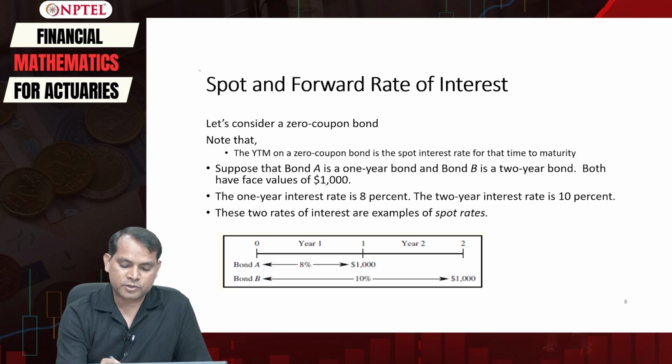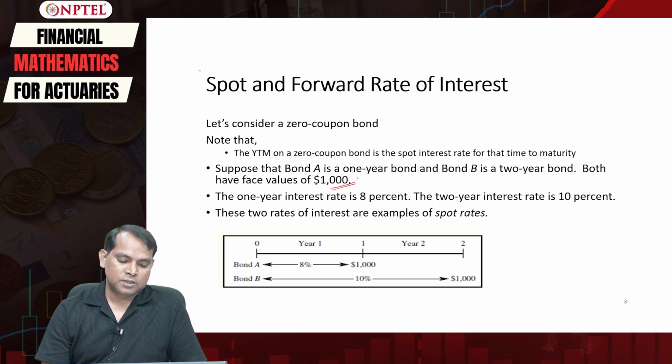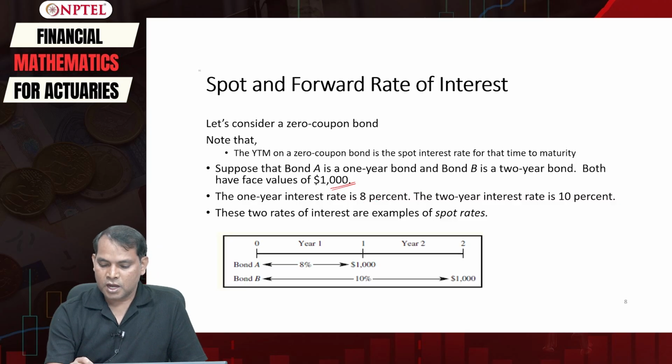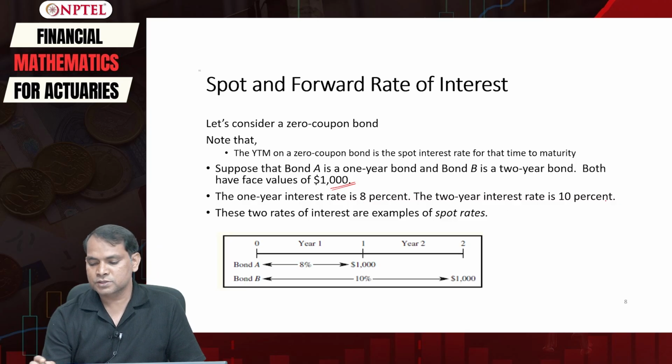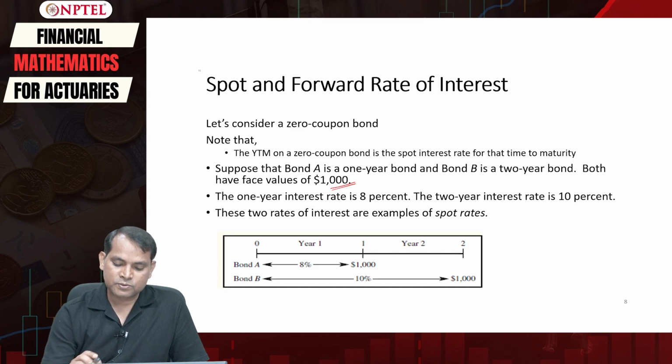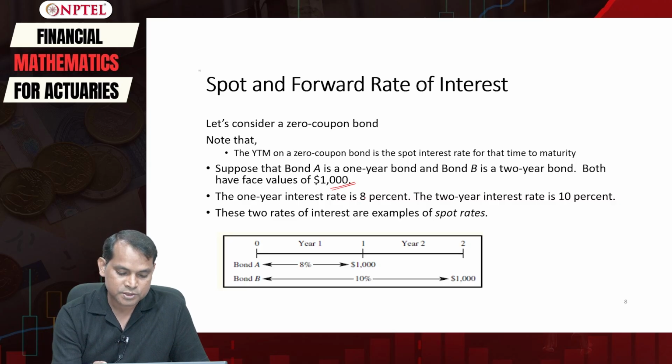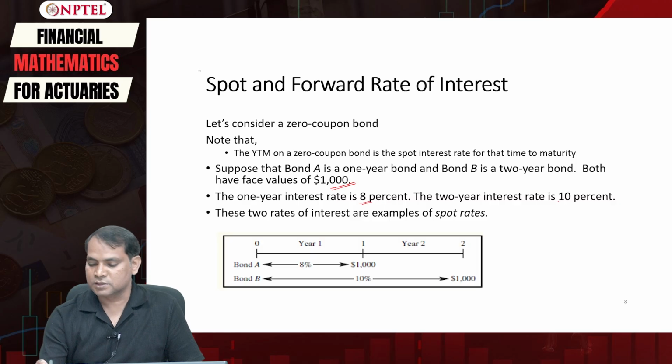Both have a face value of, let's say, $1,000. The 1 year interest rate is 8%, and the 2 year interest rate is 10%. These two rates of interest are examples of the spot interest rate: the 1 year spot interest rate is 8%, and the 2 year spot rate is 10%.